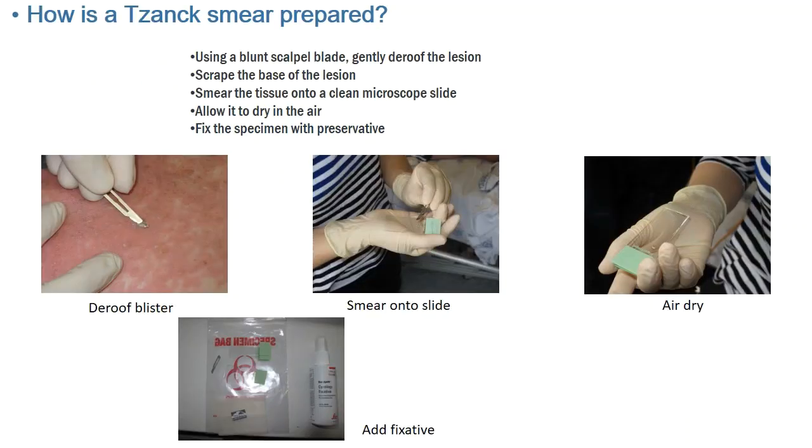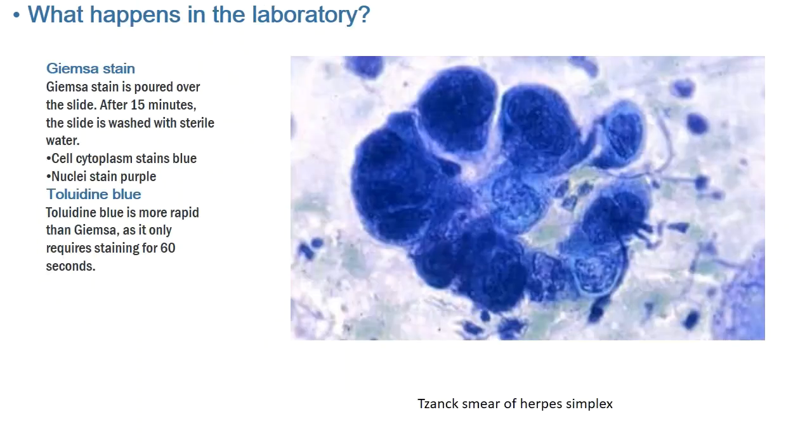So now how is the Tzanck smear prepared? It is prepared using a blunt scalpel blade by gently de-roofing the lesion or the blister. The scrape is thereafter smeared onto a clean microscopic slide, air dried and fixed in a fixative. Now what happens in the laboratory then?